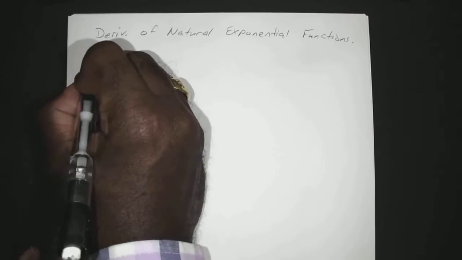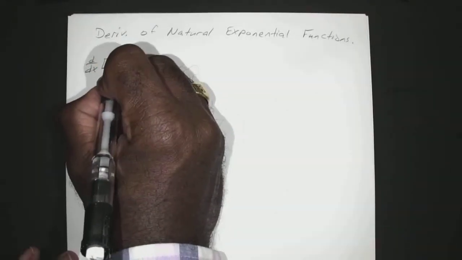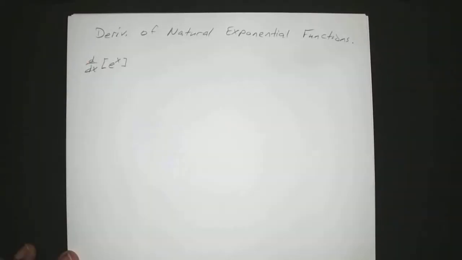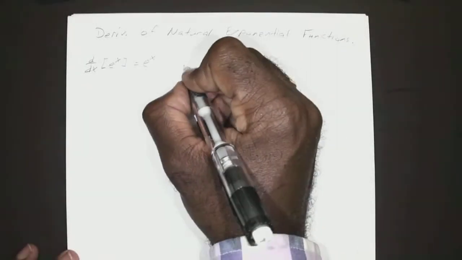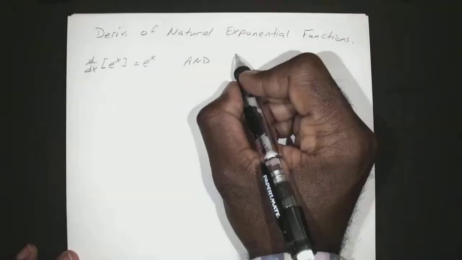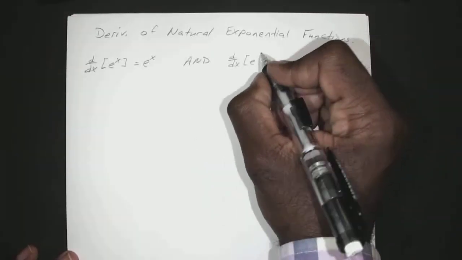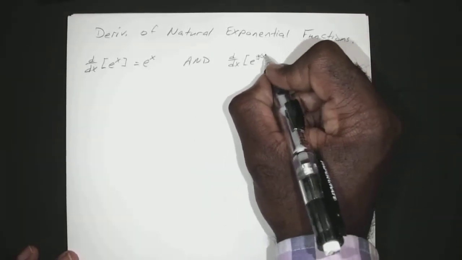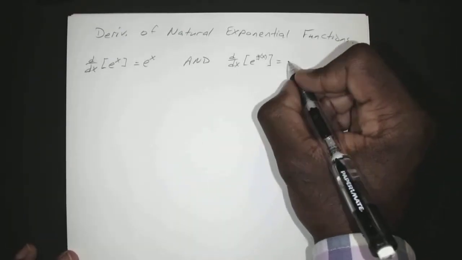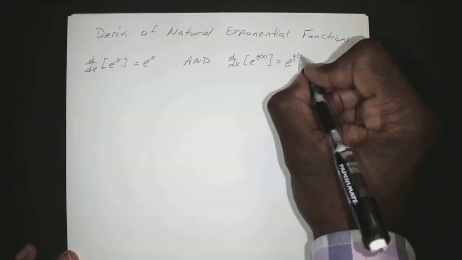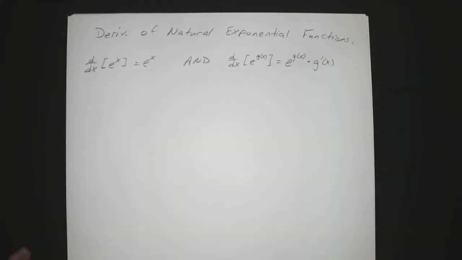Okay, so we have the derivative with respect to x of e to the x is e to the x, and the derivative of e to the, let's say, some function other than just x, would equal e to the g of x times g prime of x.